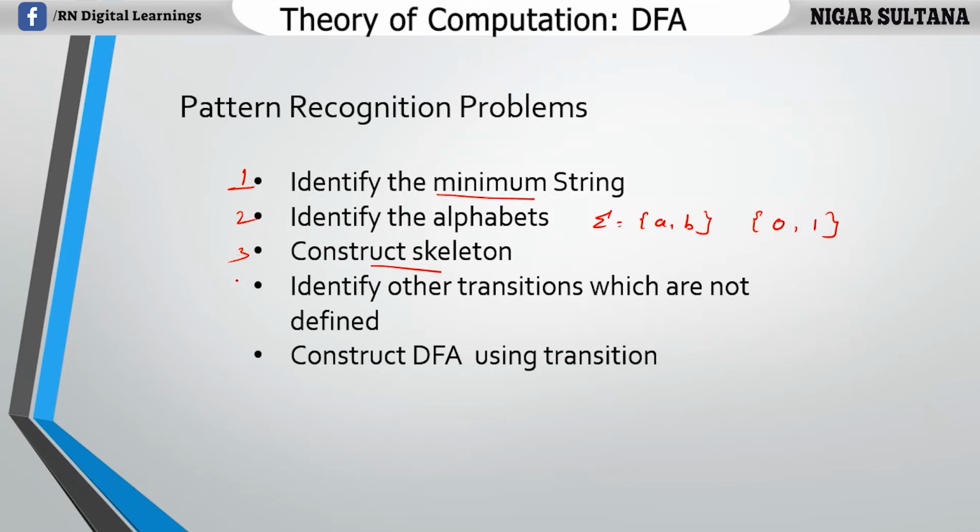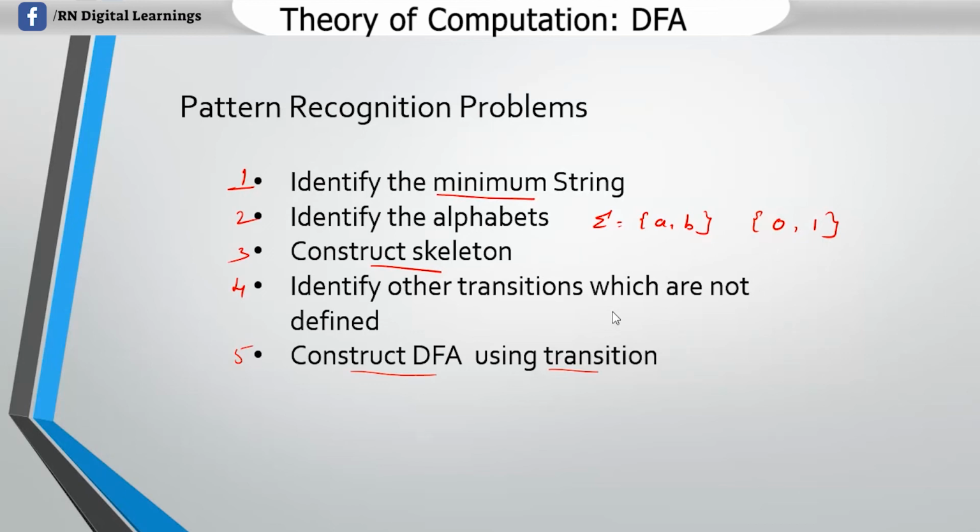This is your third step. Now the fourth step, after constructing the skeleton, we are going to find the other transitions which have not already been defined in steps 2 and 3. At the last step, after constructing a transition table, with the help of the transitions, we are going to construct the final DFA.